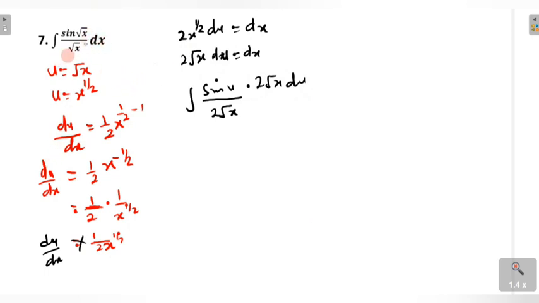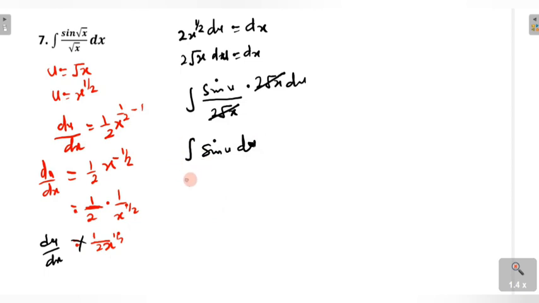You see the essence is to cancel out this. If I decide to make this u, because we said that u is equal to root x, then this also has to be u. Either way you go about it, you get the same result. So this will cancel out this, and we are left with the integral of sine u du, right?